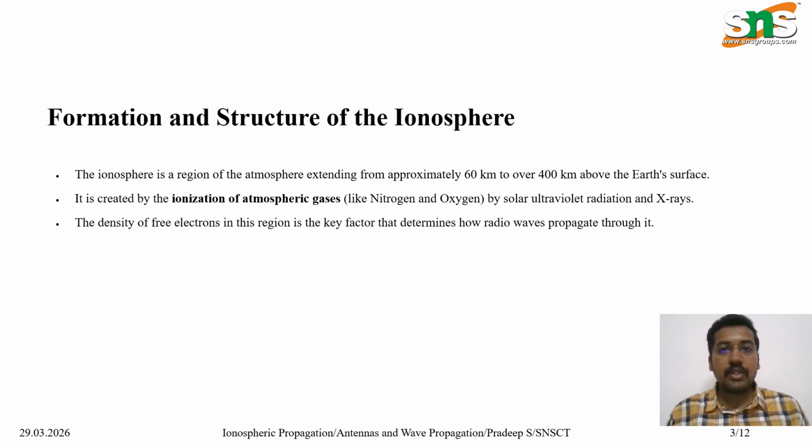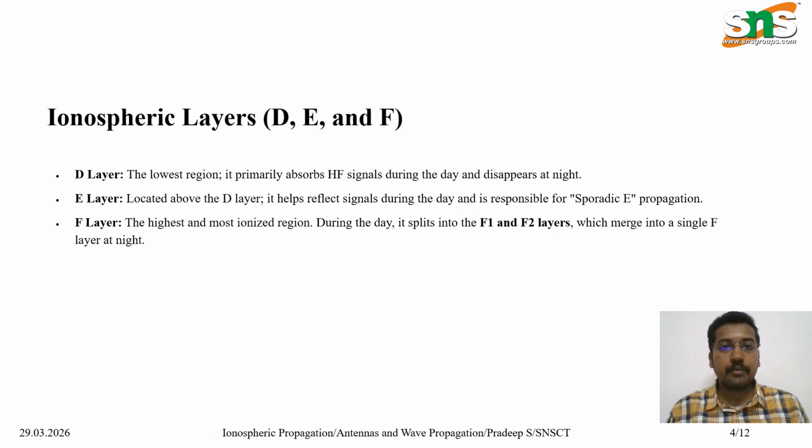It is formed when solar radiation, particularly ultraviolet rays and X-rays, ionize atmospheric gases like nitrogen and oxygen. This ionization creates free electrons and ions. The concentration of these free electrons is very important because it directly influences how radio waves travel through this region.